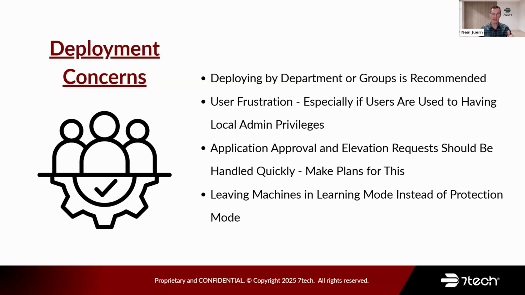Well, you want to think of your systems in terms of groups of what their roles are, maybe departments, and do some testing. Now, ThreatLocker has some great built-in tools that show you what would be blocked even while they're not in protection mode, which is really helpful because you can then look at that audit and say, ooh, I got to allow this, or no, I shouldn't allow this, right?